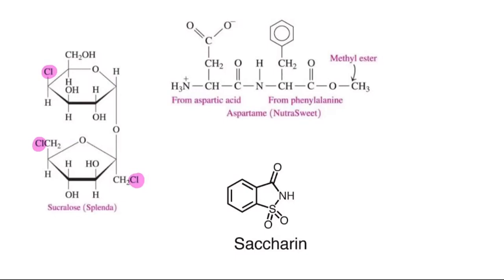Now, understand that whenever these artificial sweeteners were created, they were not meant to be used in great quantity. Maybe you have gone to Starbucks, and maybe some of you are baristas.